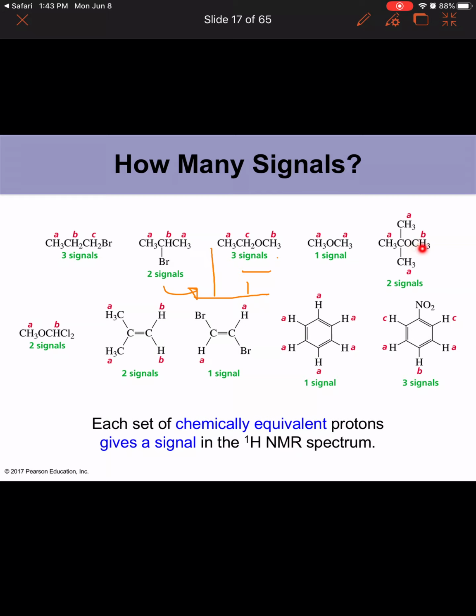So now this one, 3 hydrogens on carbon attached to oxygen, 1 signal. And these 3, they are all attached to carbon next to oxygen, so all these hydrogens will be 1 signal. So that gives you 2 signals, this and this.